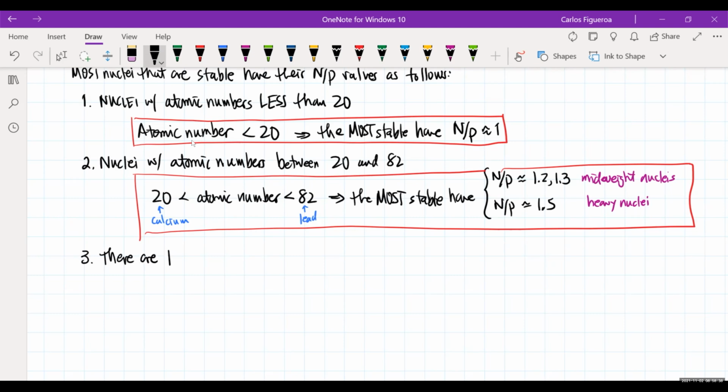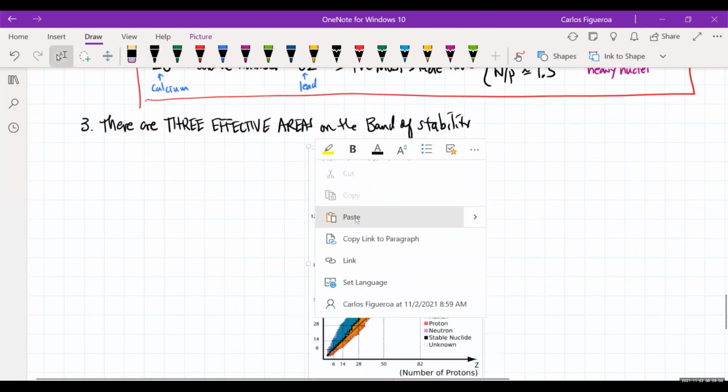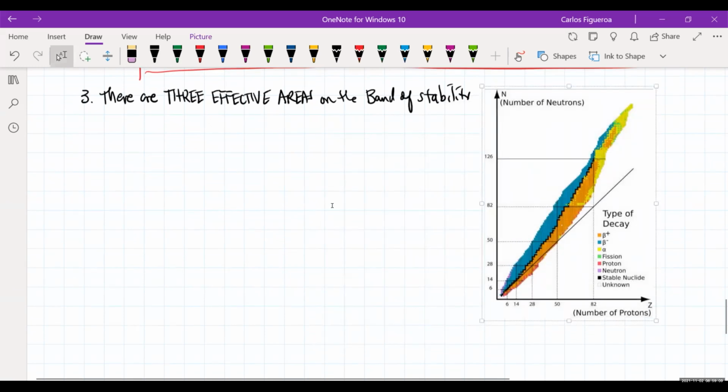There are 3 effective areas on the band of stability. So I think I have it right here. I do. Fantastic. So if I look at this, there's 3.